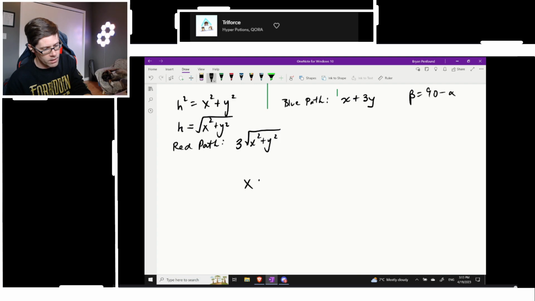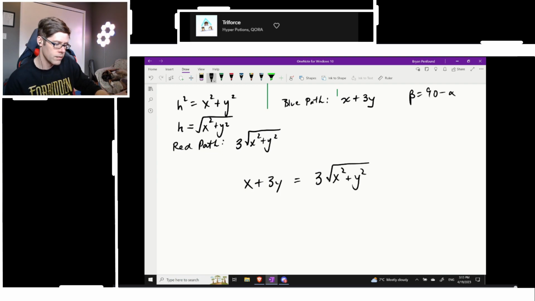So if we pretend that these two things are the same length, I'm just pretending. If we agree that that's true, what we could do is square both sides.